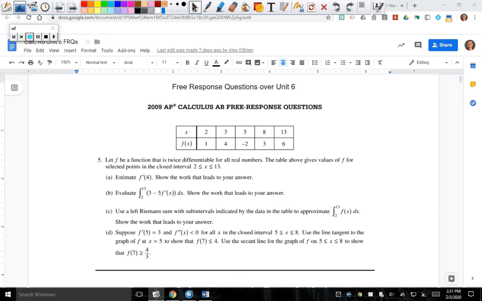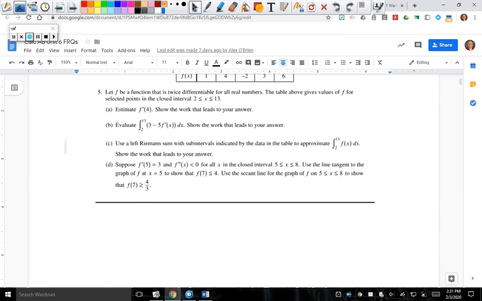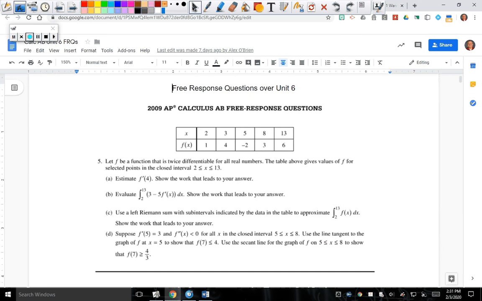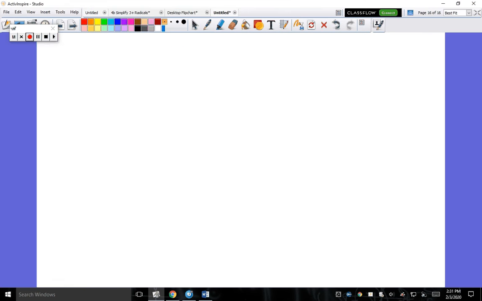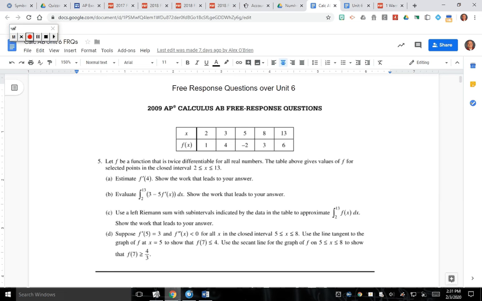Okay? Now, for instance, we're going to look right now at 2009. And this is in your homework. And I have the key attached, actually not on this one, that you can find 2009, number 5. Let me show you on that website that I gave you a link to.